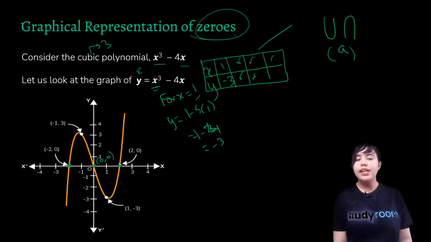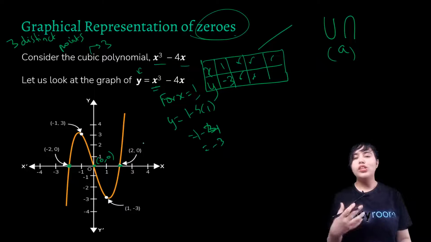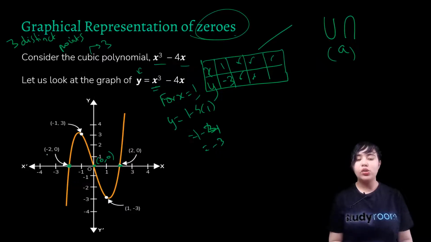So there are 3 distinct points where your curve is intersecting the x-axis, and those points are minus 2 comma 0, 0 comma 0 and 2 comma 0 respectively. Now what do you do with these points? You look for the x coordinates, minus 2, 0 and 2. So these are the zeros of my cubic polynomial. So the zeros of this polynomial x cube minus 4x would be minus 2, 0 and 2.